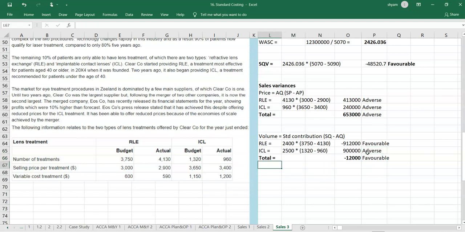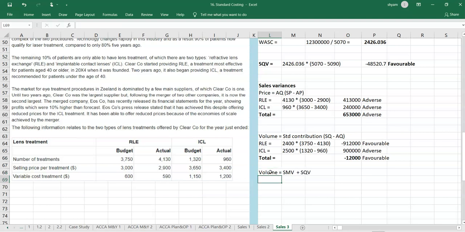Okay, whether the volume variance is right or not, we can also check it in another way. We can just find sales mix variance plus sales quantity variance.